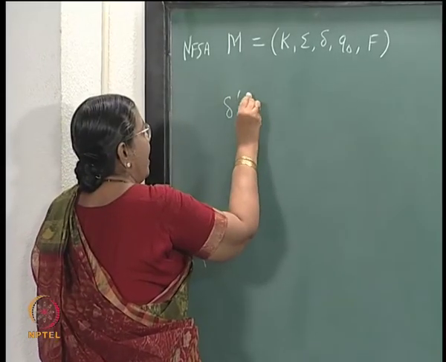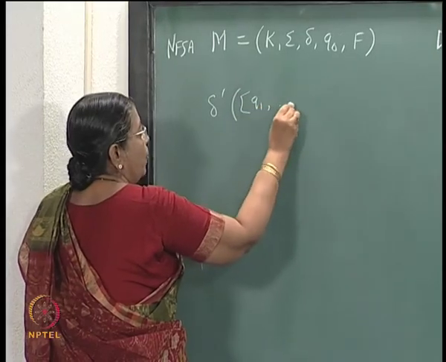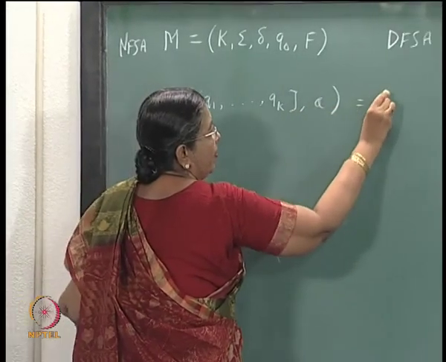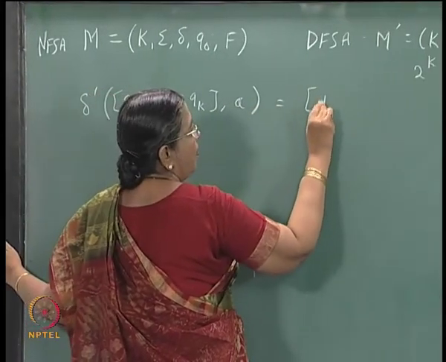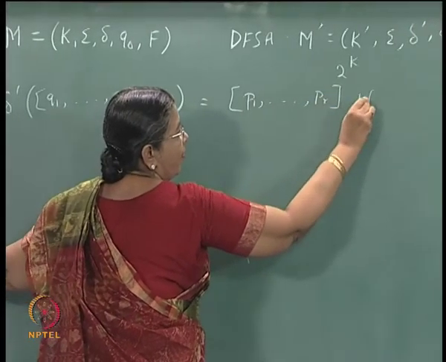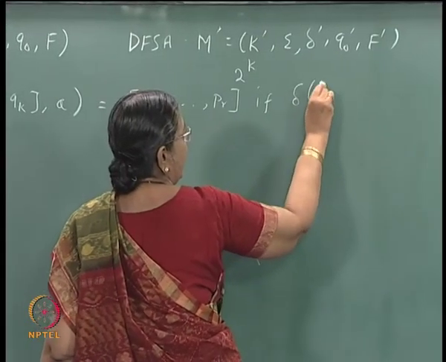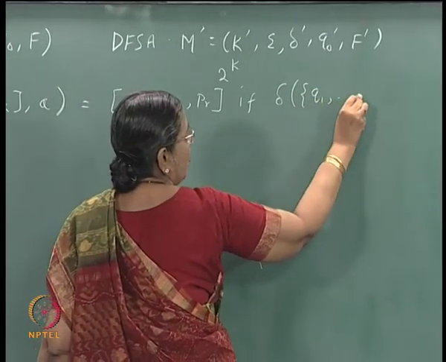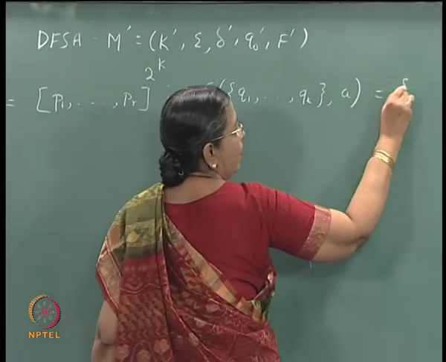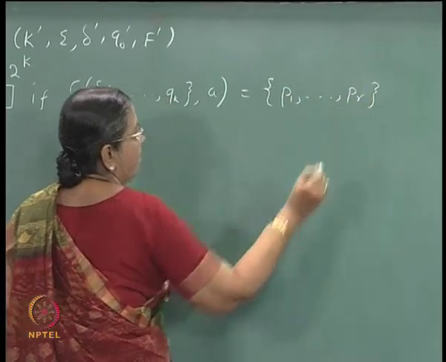We defined delta dash of [Q1, Q2, Qk], a is equal to [P1, P2, Pr] if delta of [Q1, Q2, Qk], a is equal to [P1, P2, Pr].